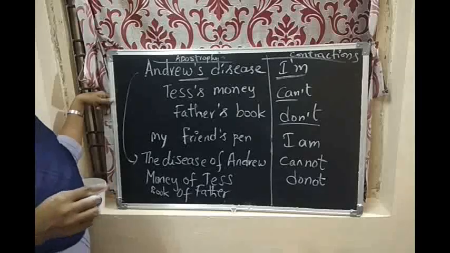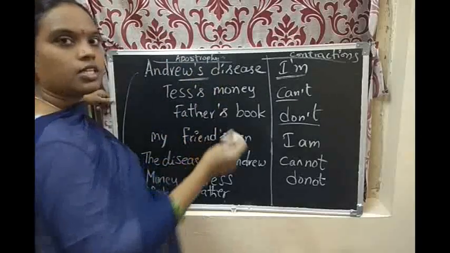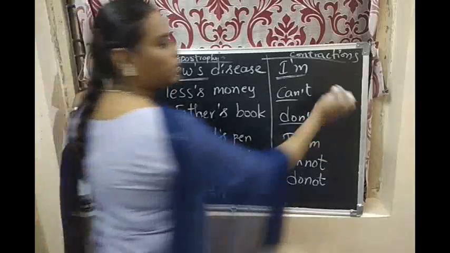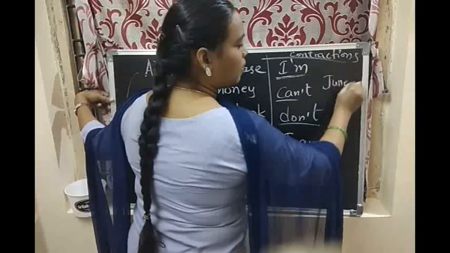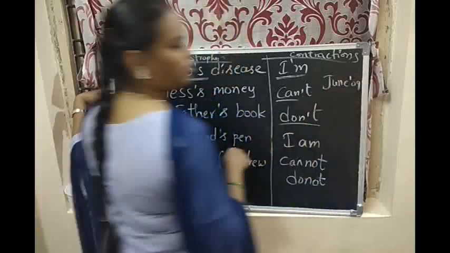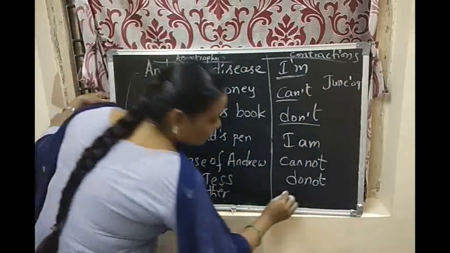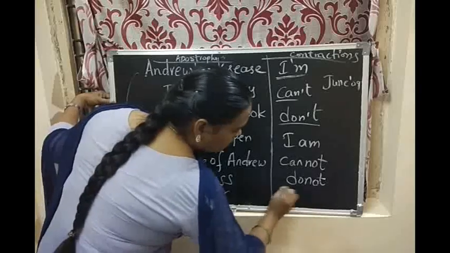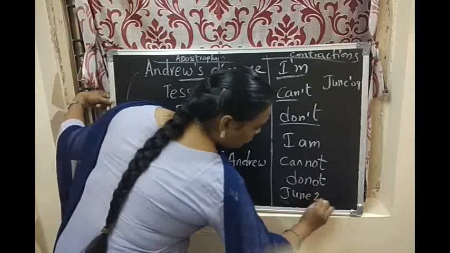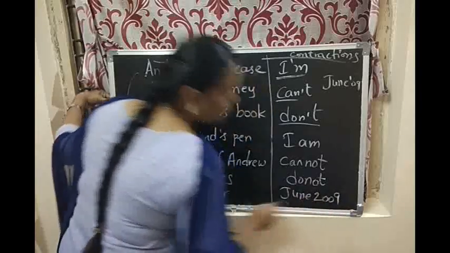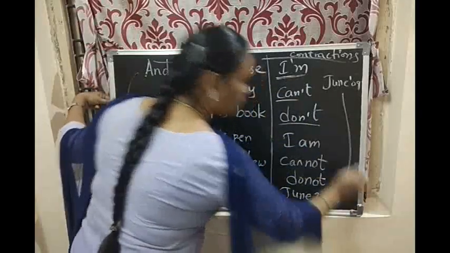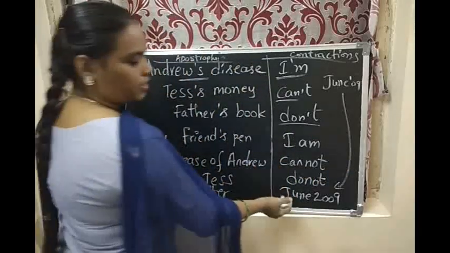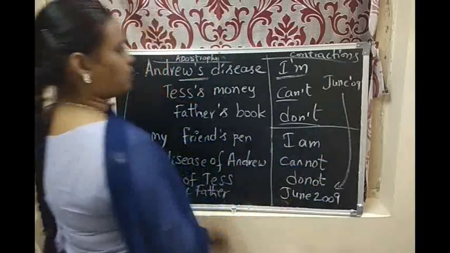We sometimes use these contractions while writing. And one more thing like this: apostrophe 9. What does that mean? June 2009. This is the full form. So contraction means short forms, and we can write full forms here.